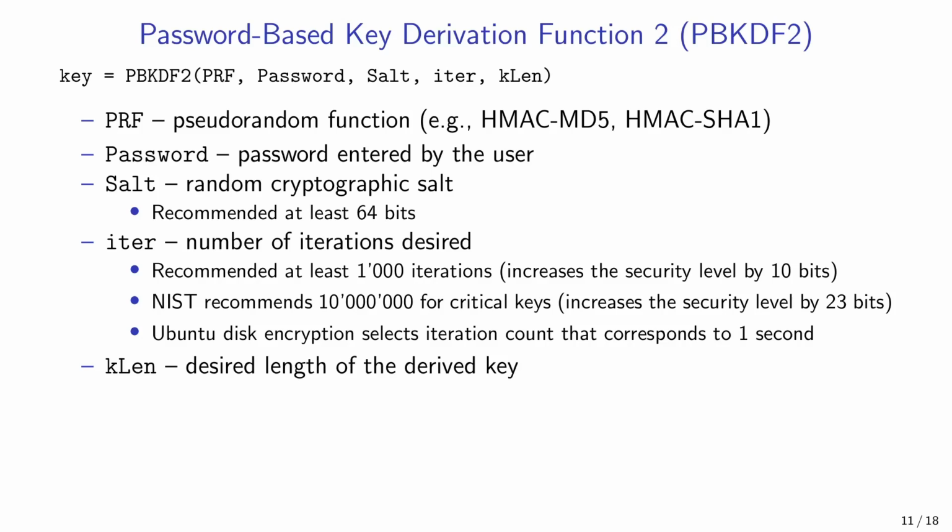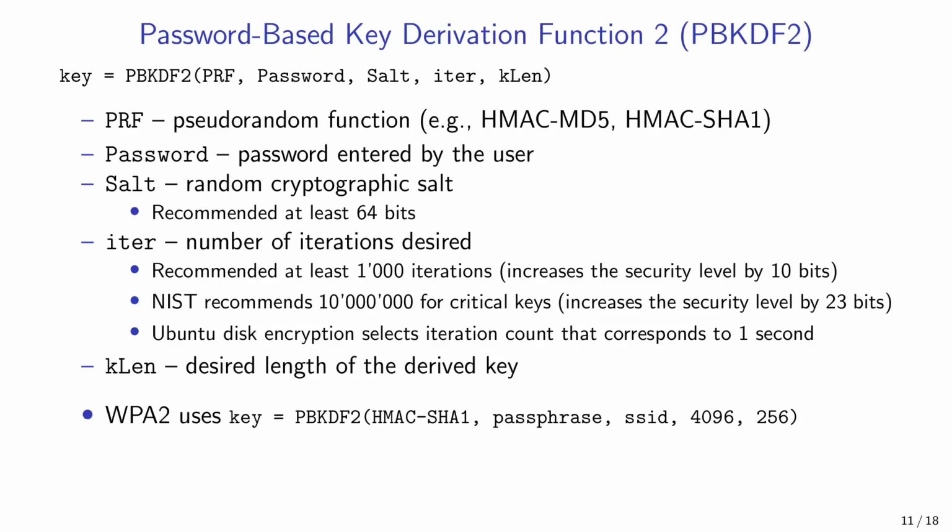This password-based key derivation function is used in quite a few popular standards. For example, WPA2 Wi-Fi protocol uses password-based key derivation function to derive encryption keys from the password that we use to authenticate the wireless access point. An interesting observation here is that the name of the access point, SSID here, is used as a salt.